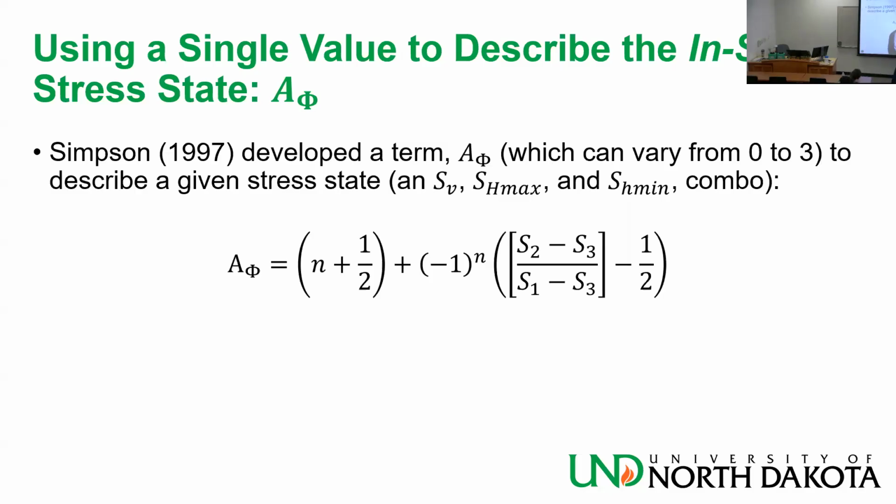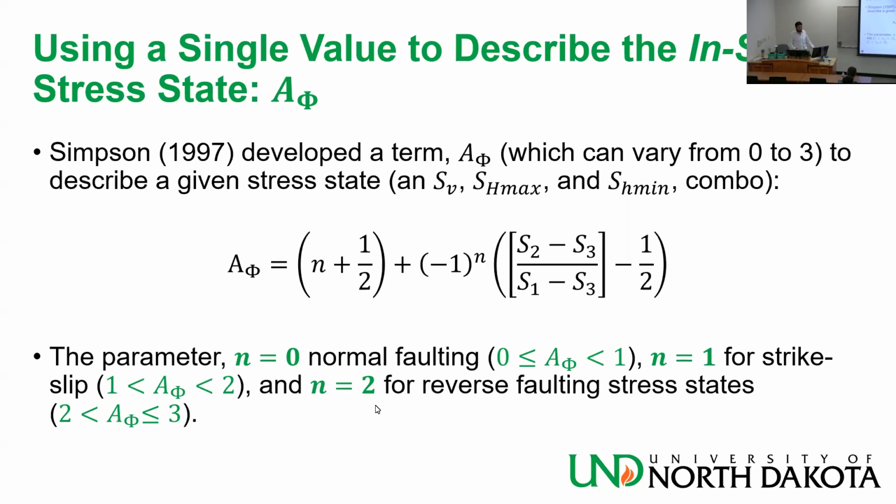For strike slip faulting, n is 1. For reverse faulting, n is 2. And the result is that for normal faulting, you have A phi 0 to 1. For strike slip faulting, you have A phi 1 to 2. For reverse faulting, you have A phi 2 to 3.